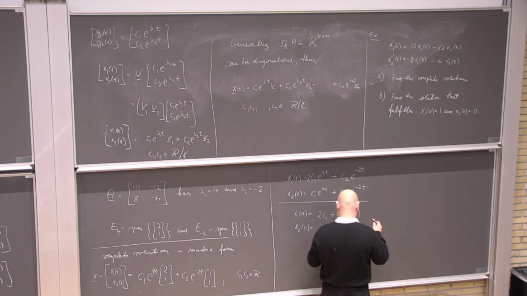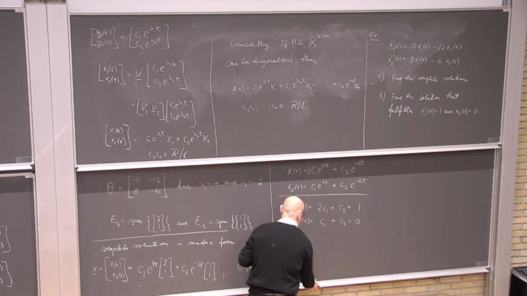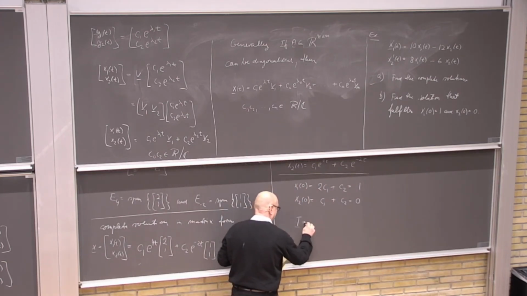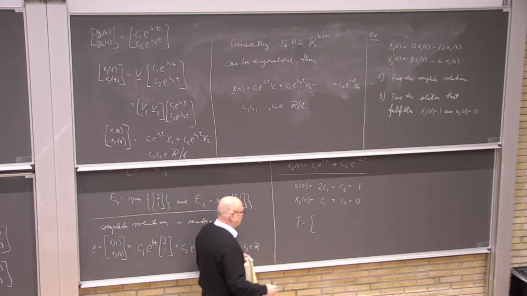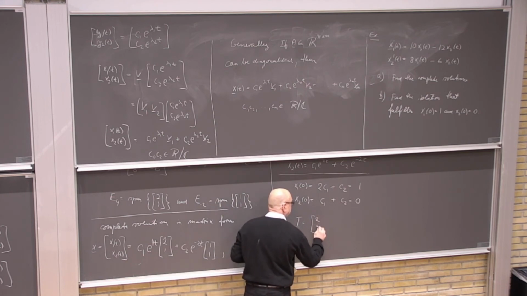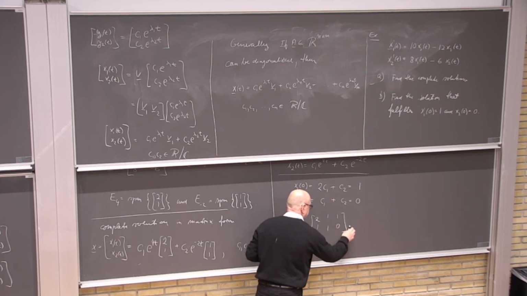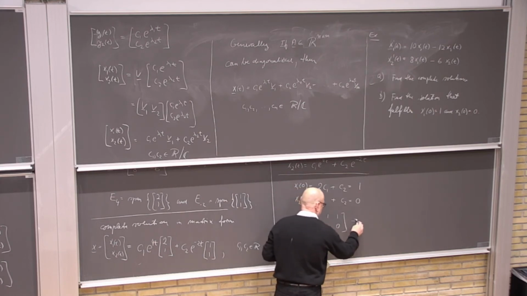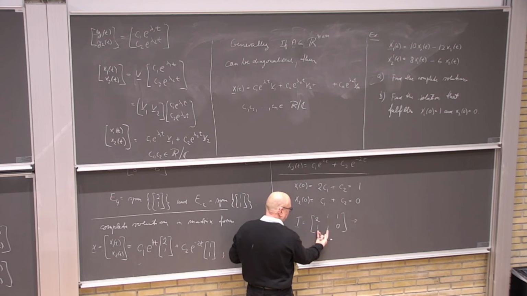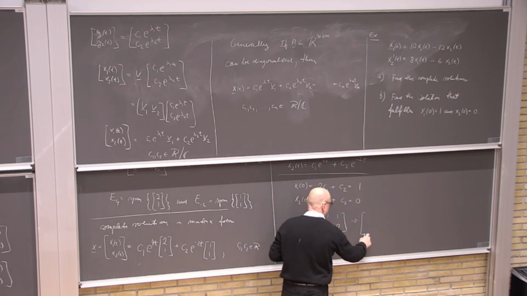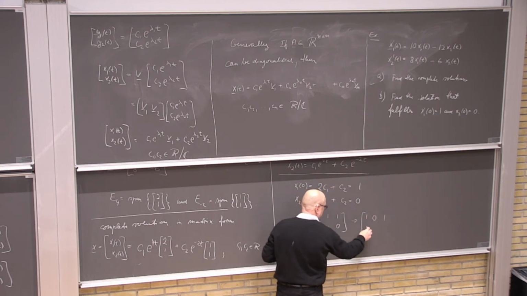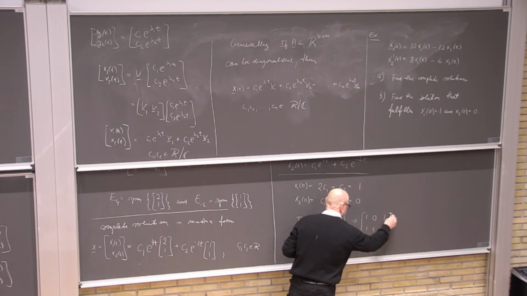Now, if I do it the way you now master, I write down the augmented matrix: 2, 1, 1, 1, 1, 0. And then if I first subtract the second from the first equation, I get 1, 0, 1, 1, 1, 0.